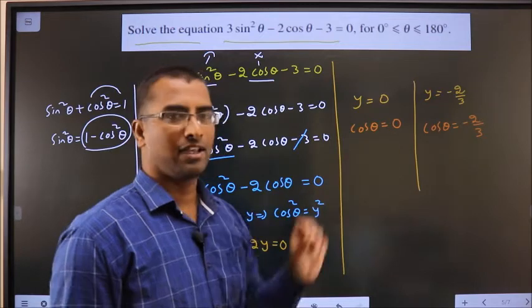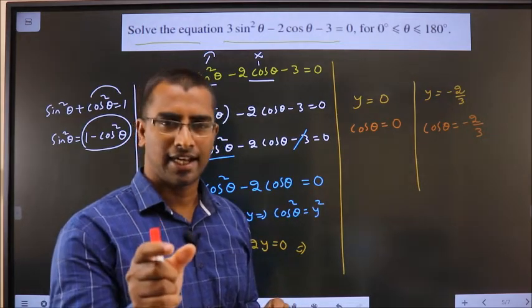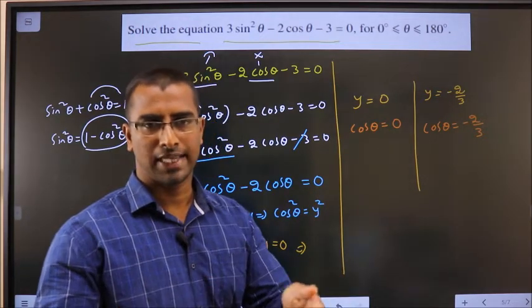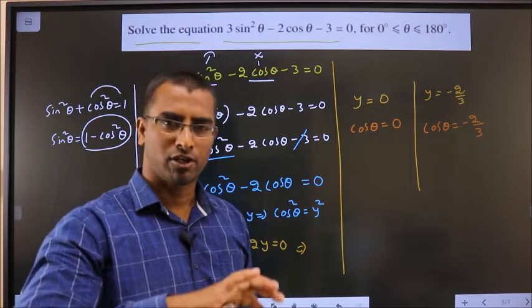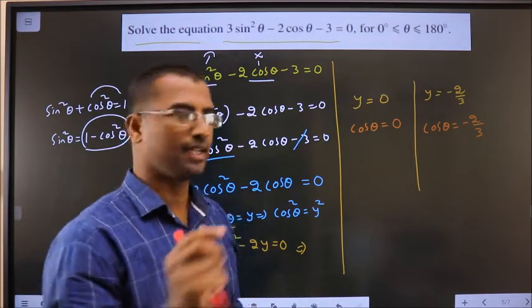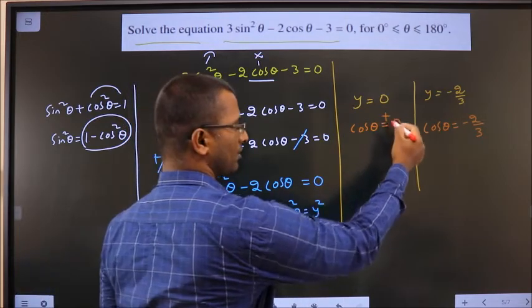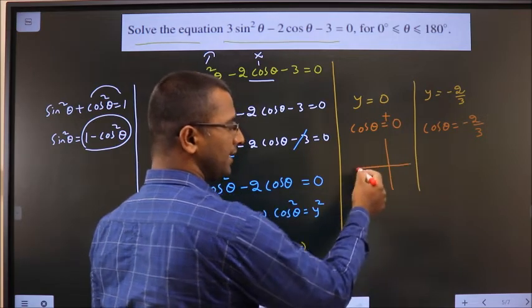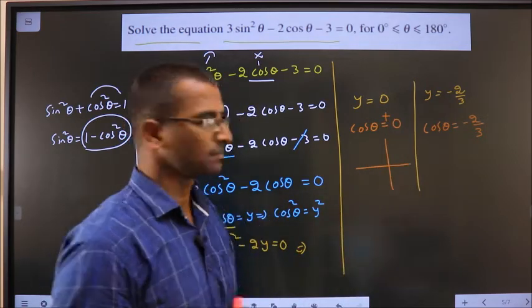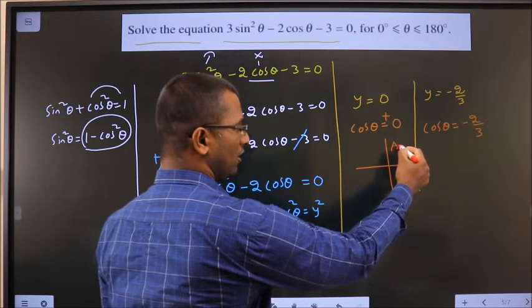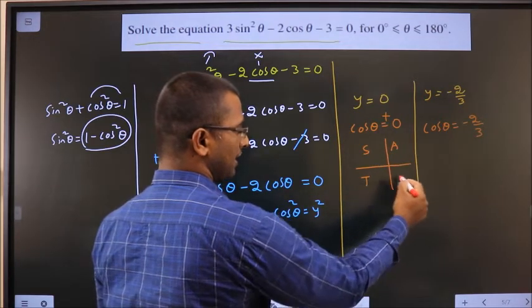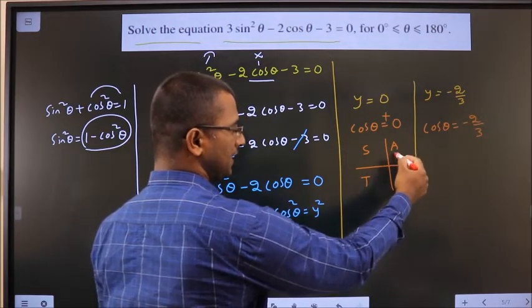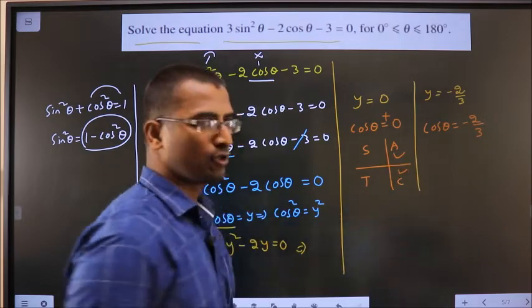Now cos theta equal to 0. I can consider it to be plus 0 or minus 0. For uniformity, let us say it is plus 0. So now I need to see where all is cos positive. It is all silver tea cups. Cos is positive in first and fourth.